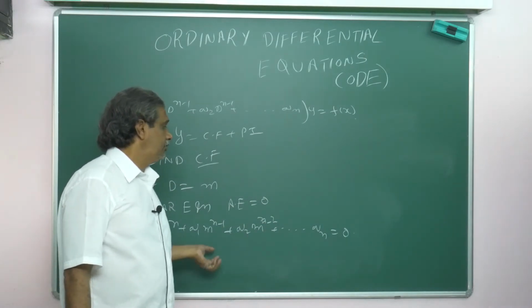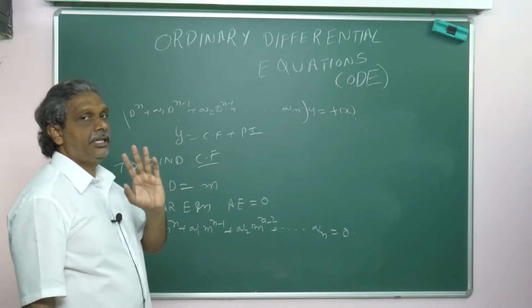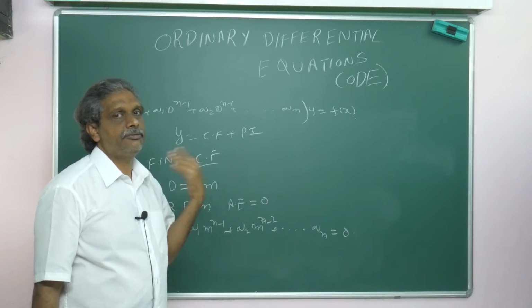Here I will give an example. Instead of taking nth order, I will take fifth order, so you will understand how to find CF.